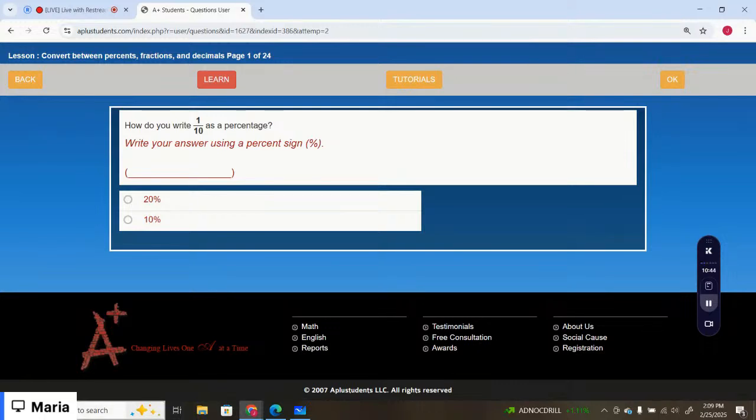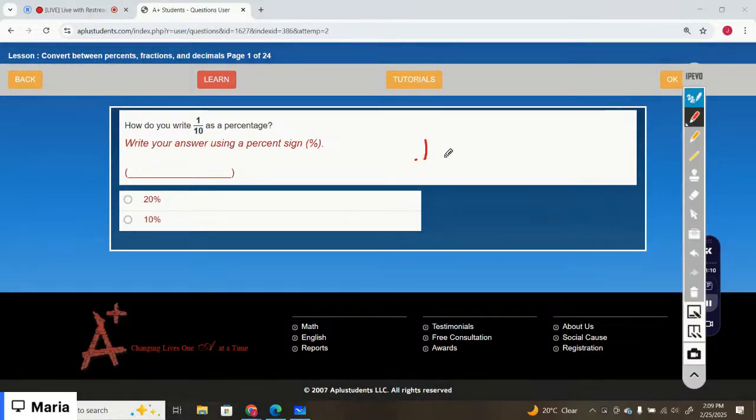You are going to convert a fraction to a percentage, so you have to do 1 by 10 times 100. 10 times 1 is 10 and 10 times 10 is 100, so that is 10%.